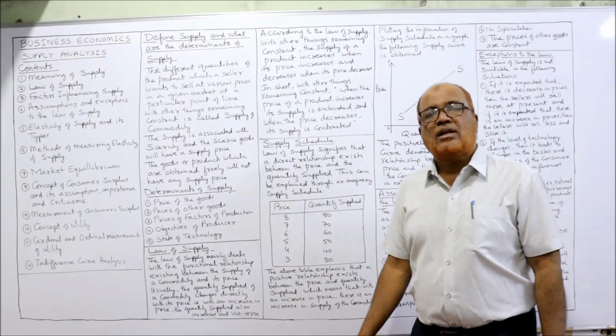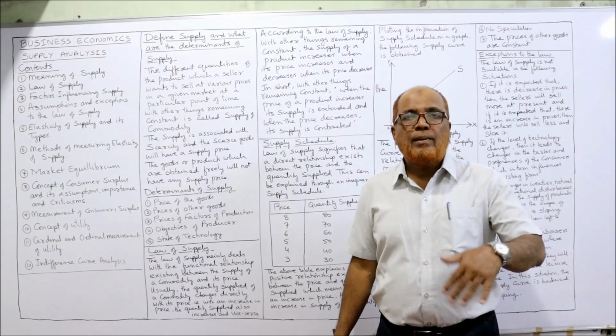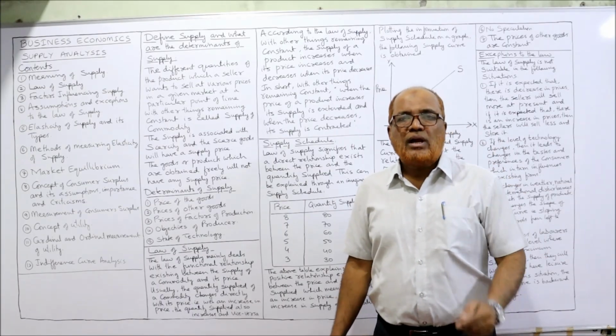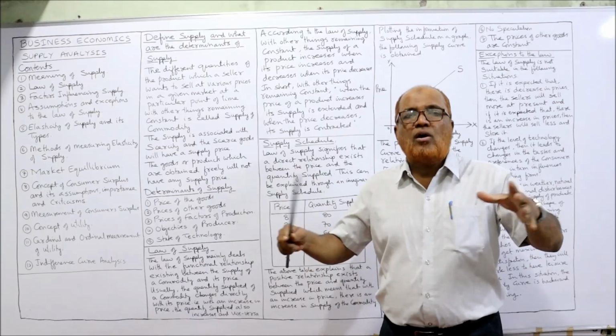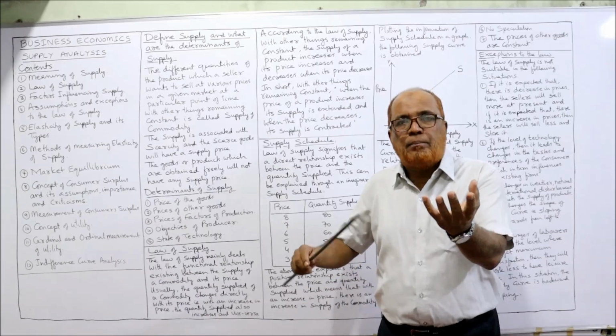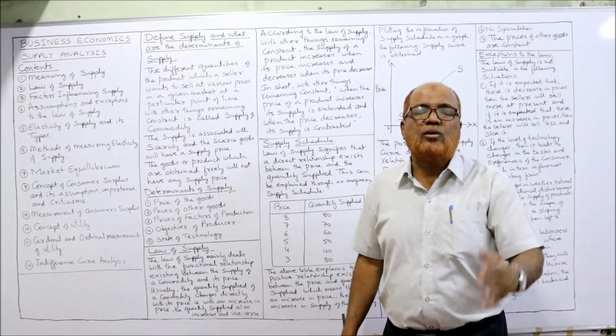Secondly, price of other goods. We have so many complementary goods. We have so many competitive goods. We don't have a single good. We have so many alternatives available. So the supply of a particular good depends on the supply of other related goods.